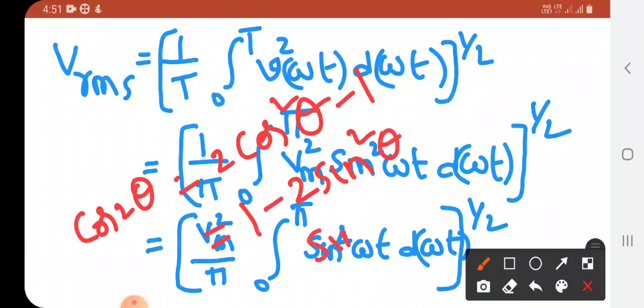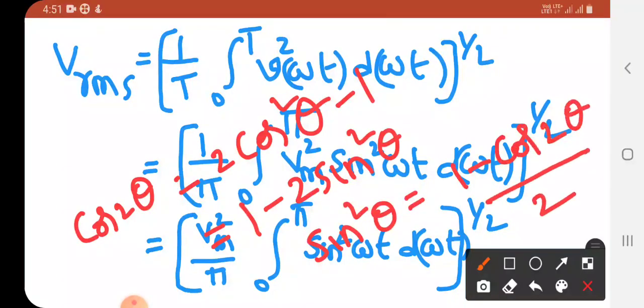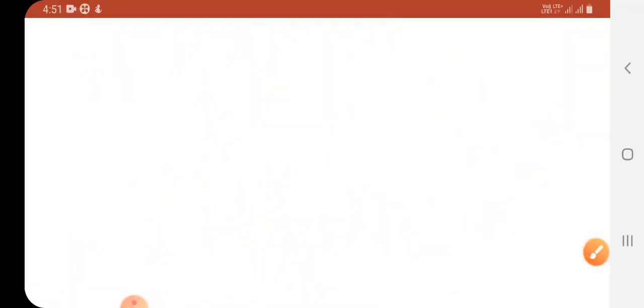Therefore sine square theta is equal to 1 minus cos 2 theta by 2. I will substitute the same equation here.